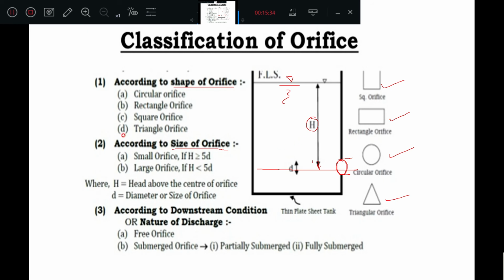A large orifice means the head is less than 5 times d, the diameter of the orifice.